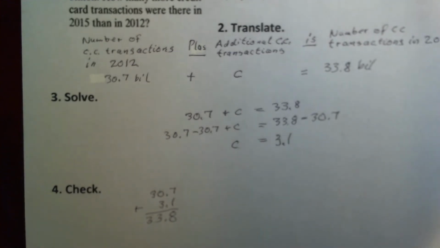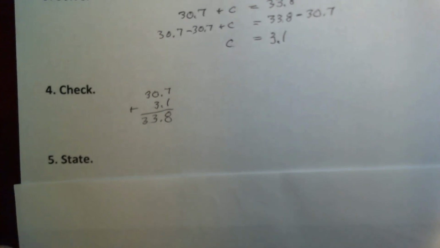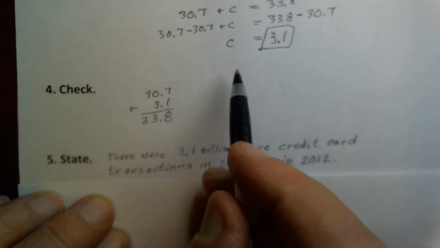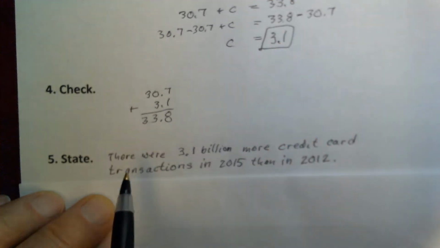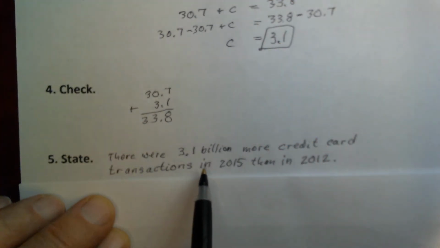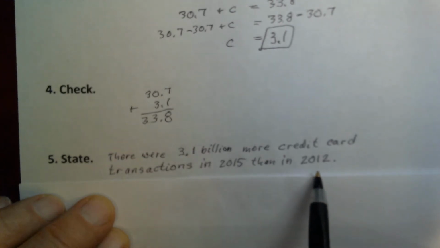So then we state our answer. Based on our calculations of the difference being 3.1, we state now there were 3.1 billion more credit card transactions in 2015 than in 2012.